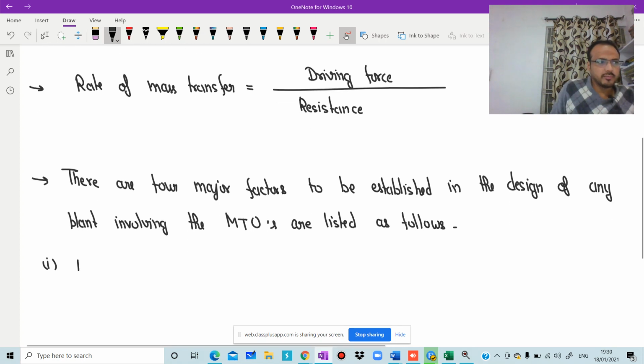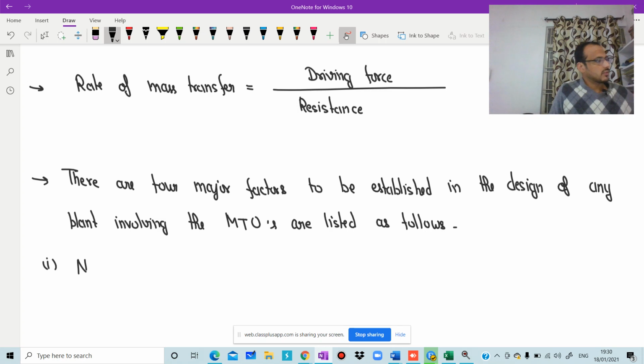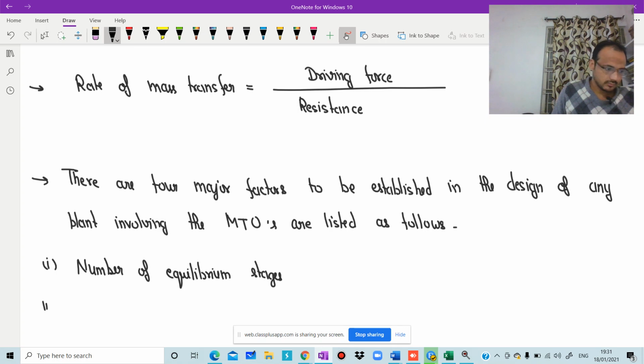First one, we have number of equilibrium stages. Second, time requirement.